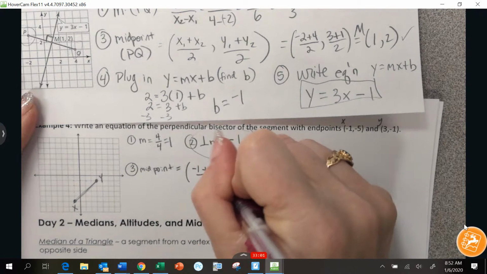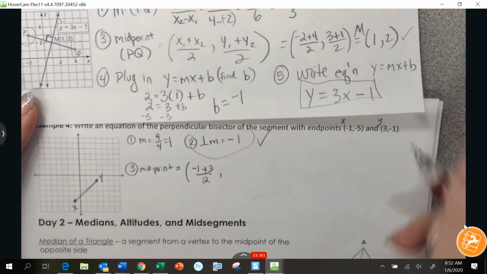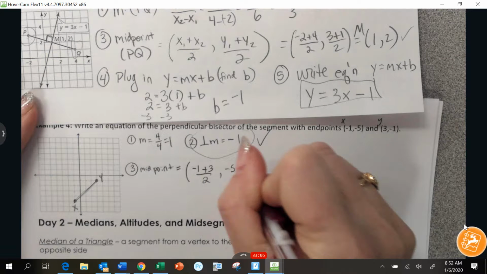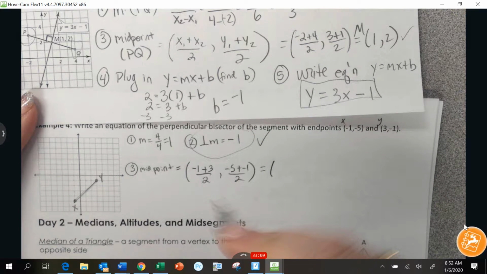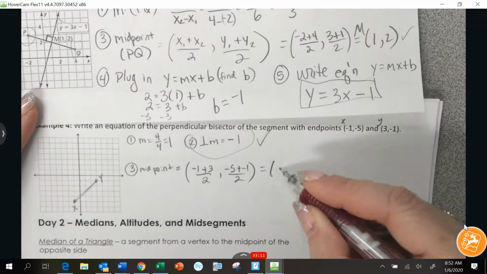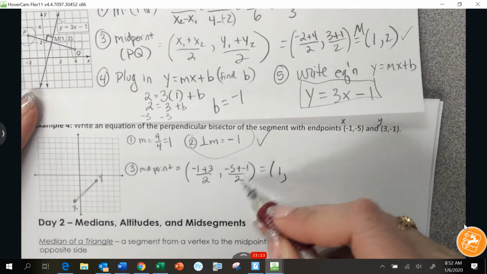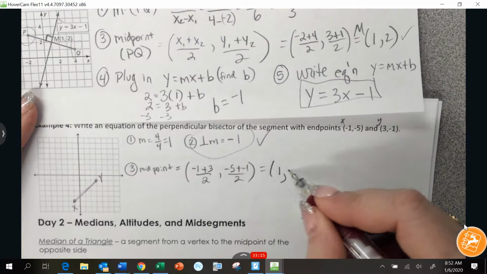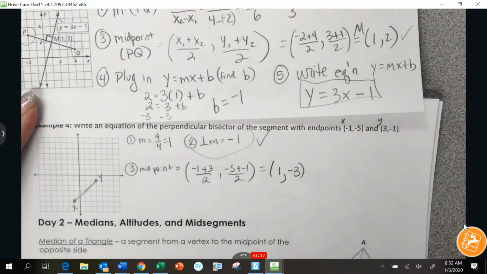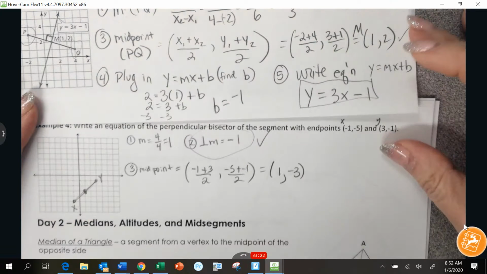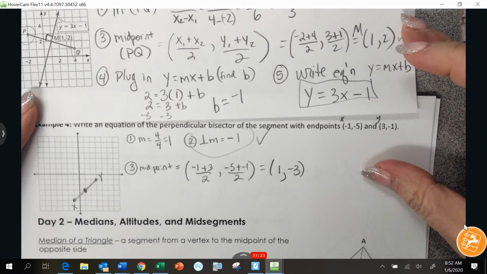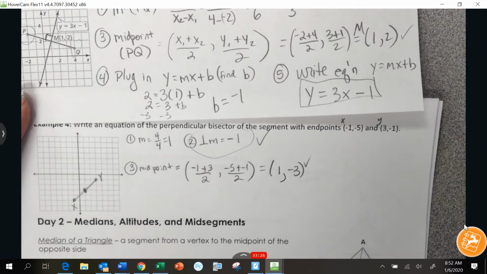So if I average my x's and I average my y's, I can get the midpoint that way as well. So add together -1 plus 3, which is 2 over 2, 1. And that's -6 over 2, which is -3. So 1, -3 should be the midpoint. I go over here, 1, -3, that's where I thought it would be. So there's my point.